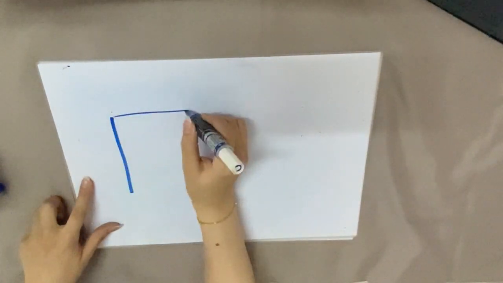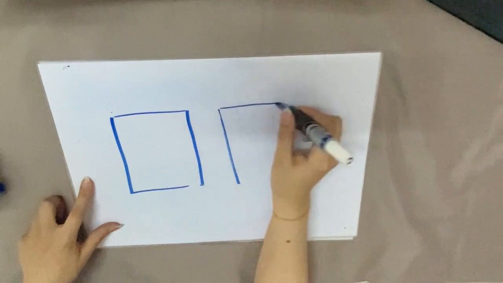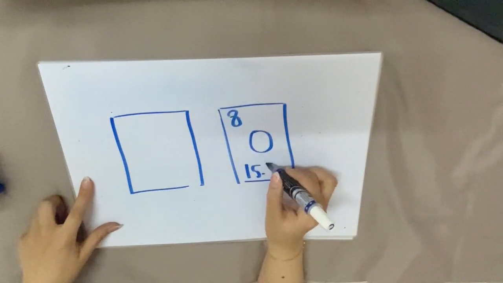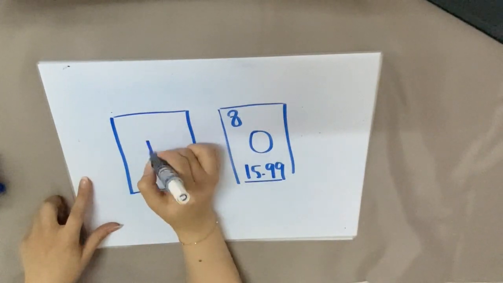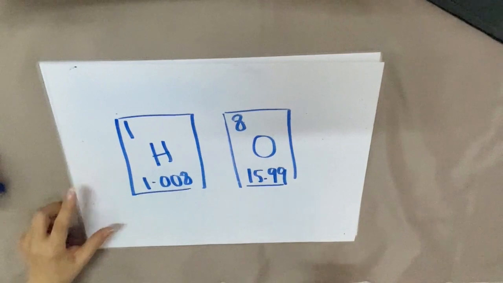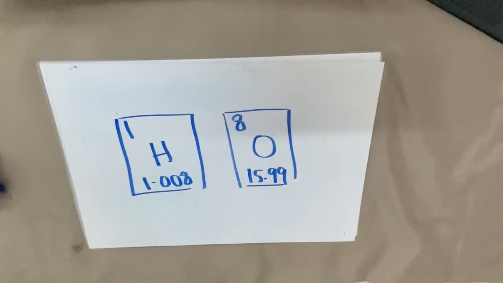So we agreed that atoms have different parts, but how are atoms different? Let's take a look at a hydrogen atom and an oxygen atom. This is the element key for an oxygen atom. We'll find it in the periodic table. And this is an element key for a hydrogen atom, which we also find in the periodic table.